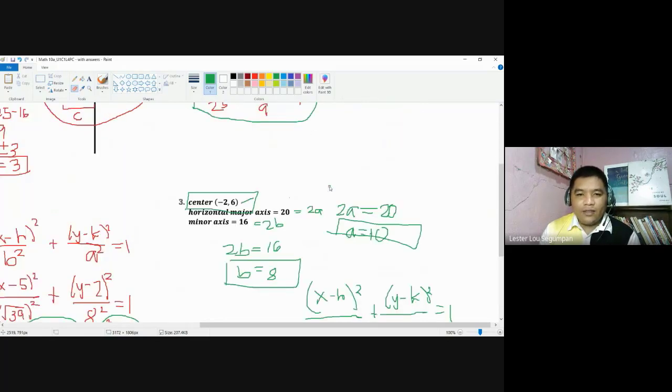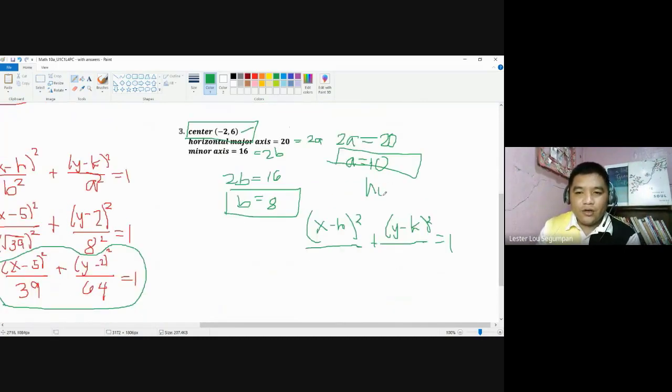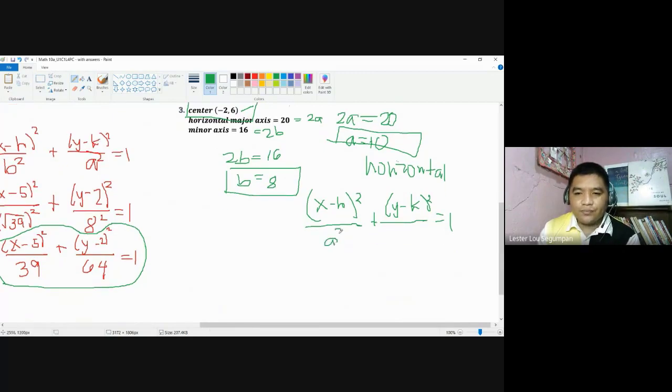Look at the given horizontal major axis. When you say horizontal major axis, the major axis is on the horizontal. That would mean it's stretched horizontally, and the minor axis is the vertical one. This would mean that its orientation is horizontal, leaving a squared here and b squared for the other.